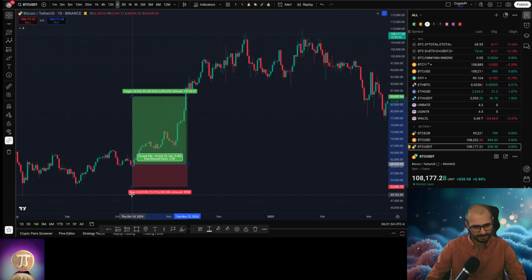So here what you see is the stop at this many points down, so that is 13.51% down. If I take a trade here, I'm ready to risk my entry position going down by 13 to 14%.